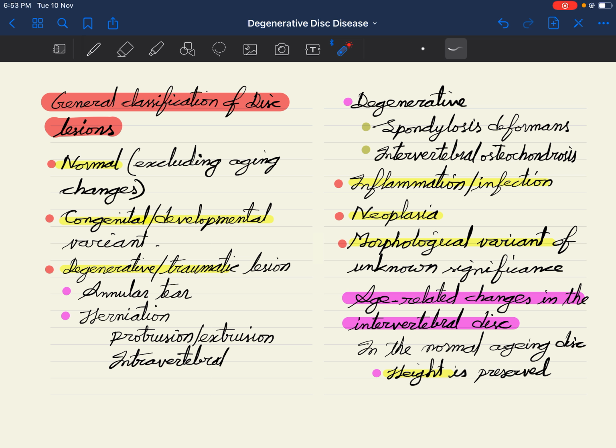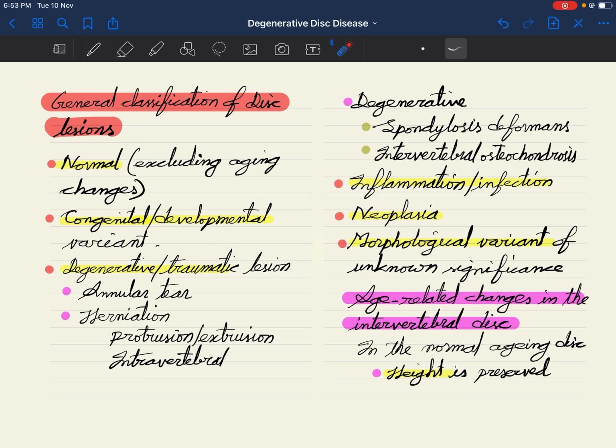So the changes that occur with age in the intervertebral disc are, we know that as we age our intervertebral disc becomes more dehydrated, but we have to keep in mind that a normal aging disc should not be reduced in height.